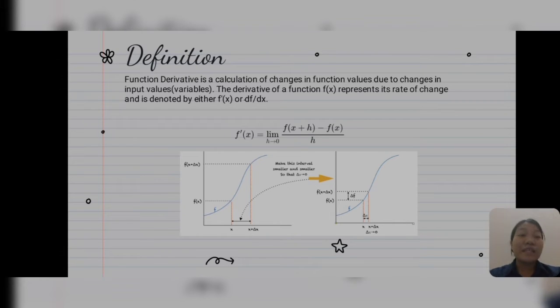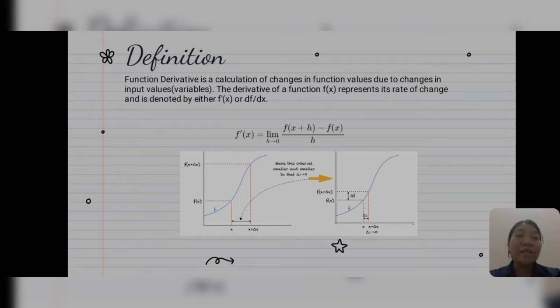As we can see in the figure, delta x represents a change in the value of x. We keep making the interval between x and x plus delta x smaller until it is infinitely small.